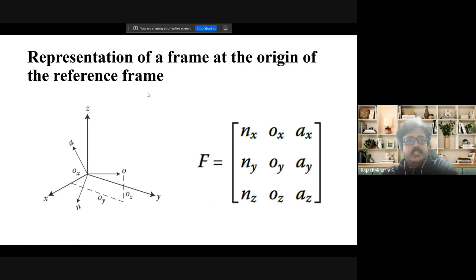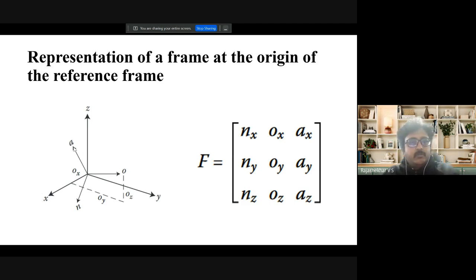Next is the representation of a frame at the origin of the reference frame. In robotics, X, Y, and Z is a frame. This is the global frame, just imagine.